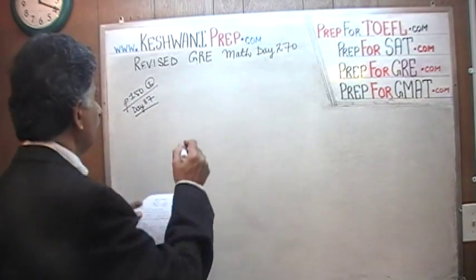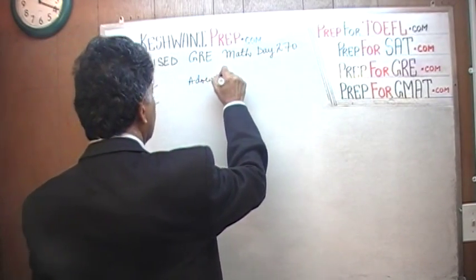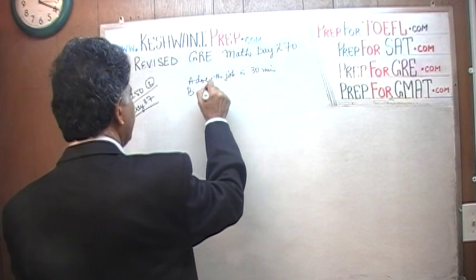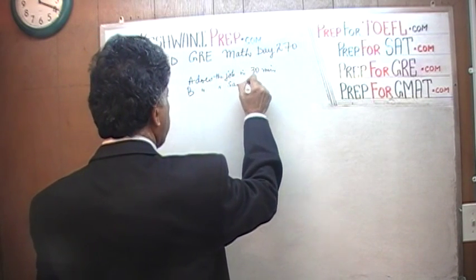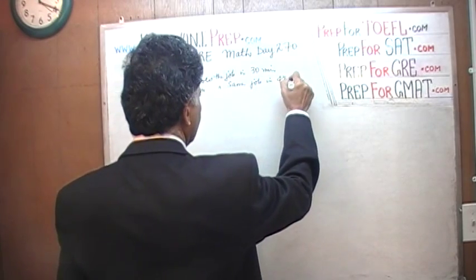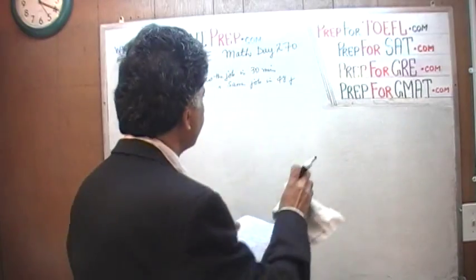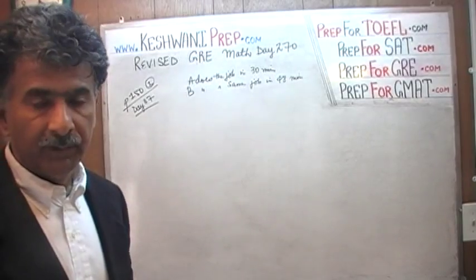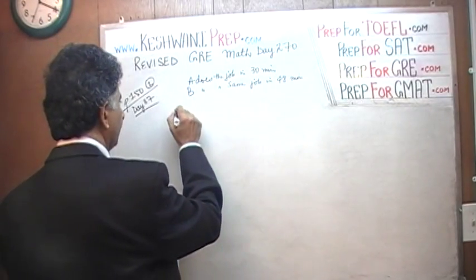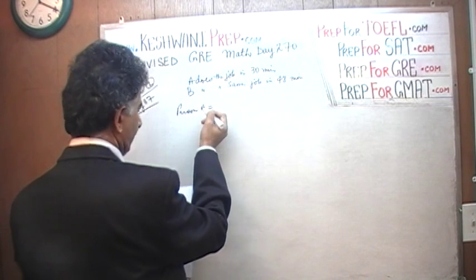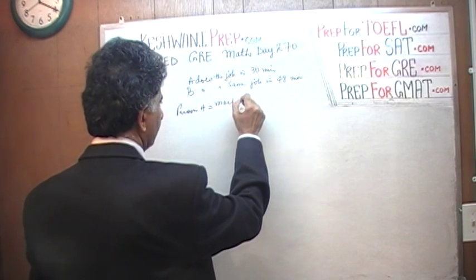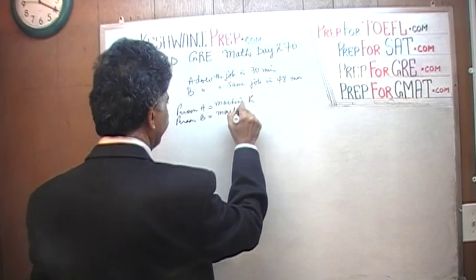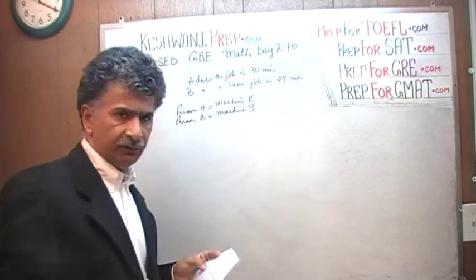Okay, here we go. We are told that A does the job in 30 minutes, and that person B does the same job in 48 minutes. When I say person A and person B, person A is what they're calling machine R, and person B is machine S. It doesn't change anything.